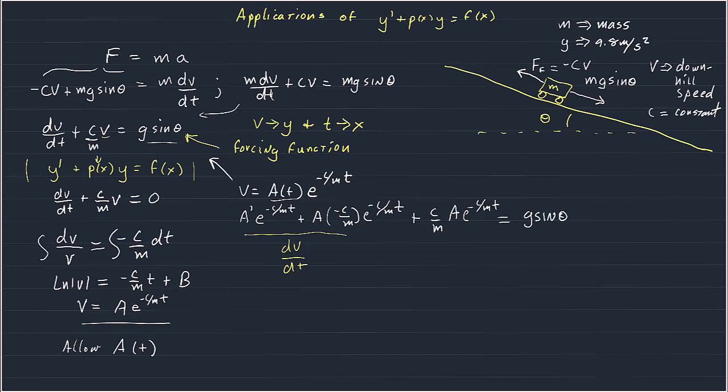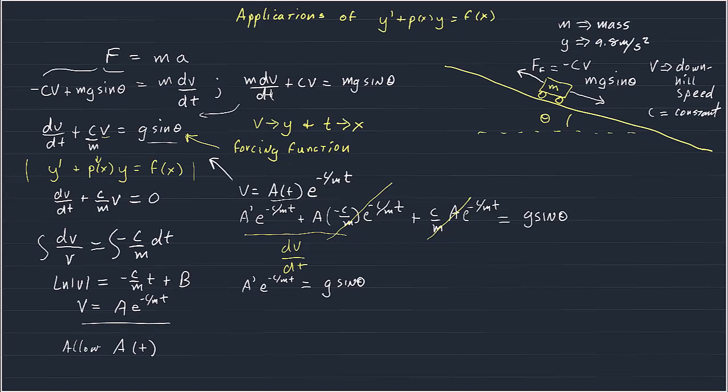And as always, when we apply this method, you'll see that these two terms cancel. And therefore, we are left with a prime, e to the minus c over m t, is equal to g sine theta.